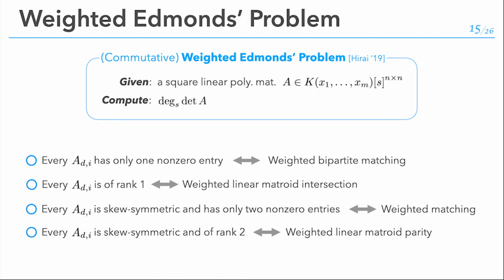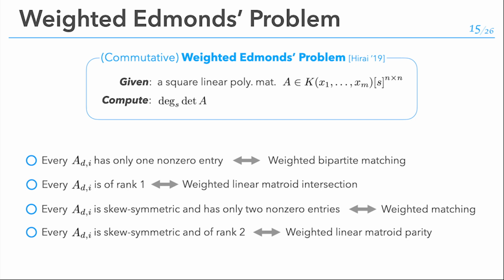Indeed, some special cases of the commutative weighted Edmonds problem can be solved by reducing it to weighted combinatorial optimization problems, as in the unweighted case.